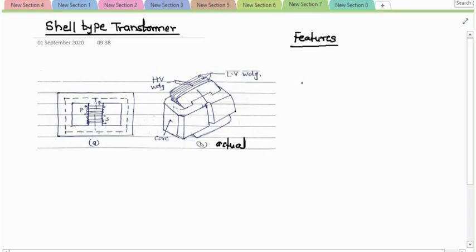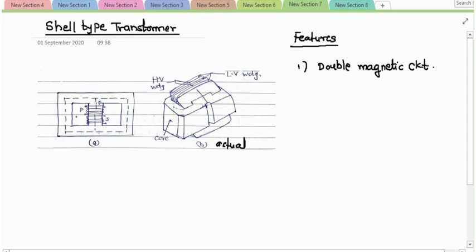Some of the specialities of shell type transformers are: the core of this type of transformer provides the double magnetic circuit.